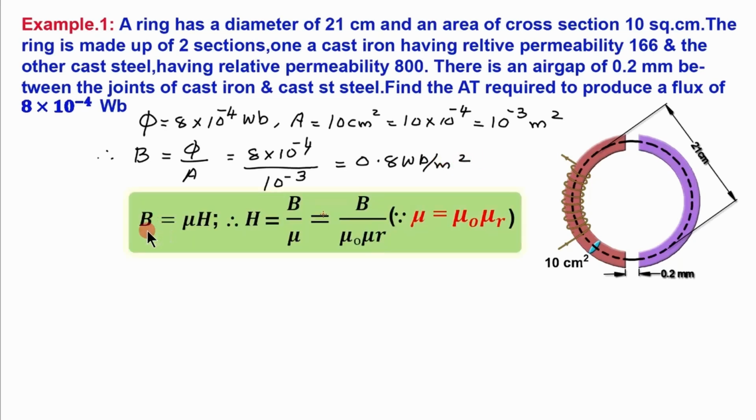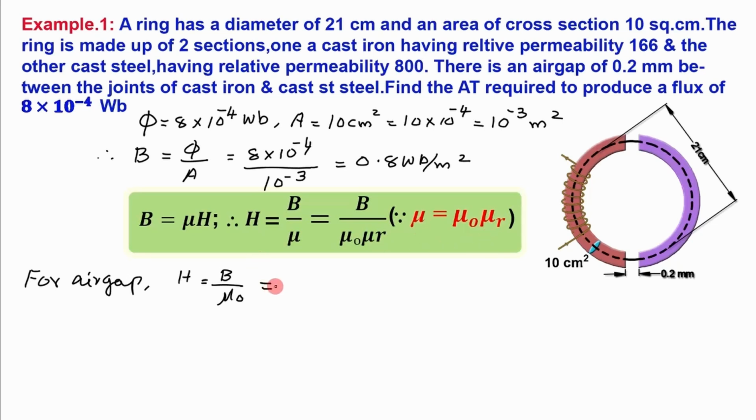Also we know that B is equal to mu H. Therefore, H is equal to B by mu, that is equal to B by mu 0 mu r, since mu is equal to mu 0 into mu r. So, for air gap, H is equal to B by mu 0 because mu r is 1 for air or vacuum.